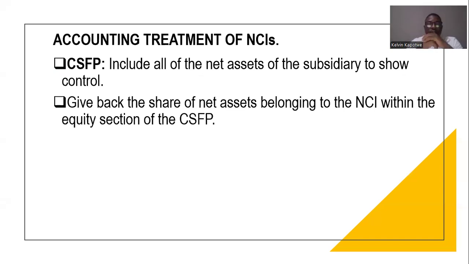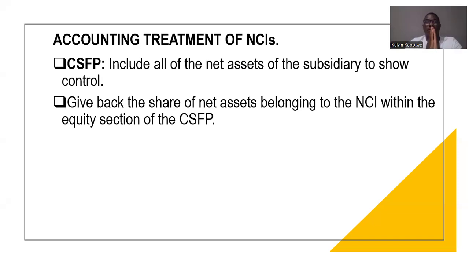So the accounting treatment of the NCI: how do you deal with the NCI? I did explain that the NCI are accounted for as part of equity. In the consolidated statement of financial position, CSFP, you include all of the net assets of the subsidiary to show control, that the parent controls all the assets here.